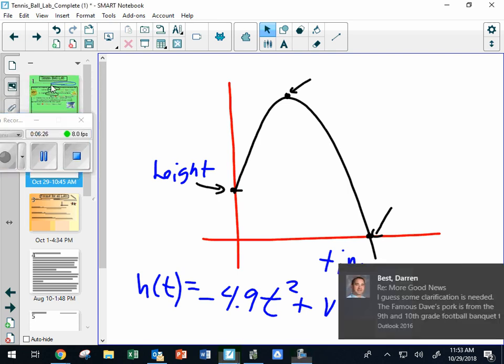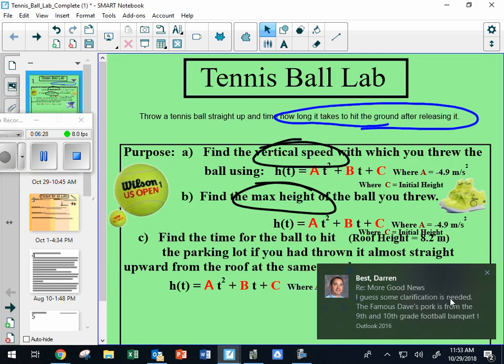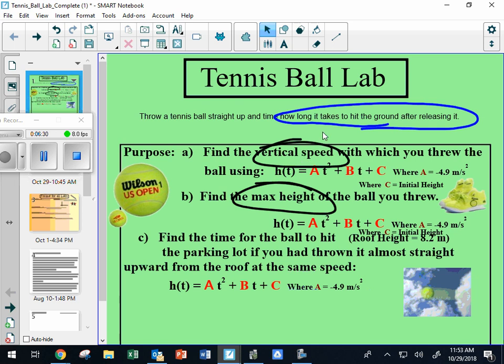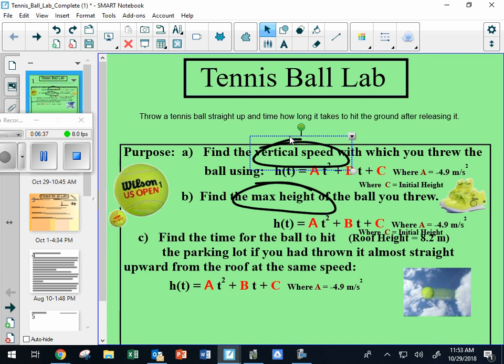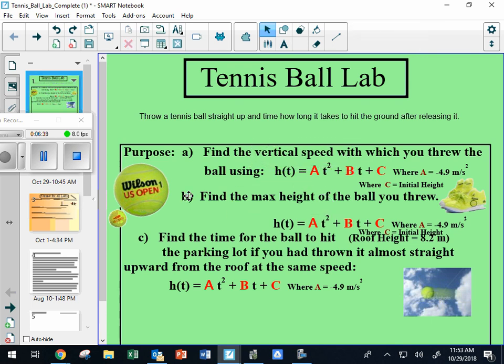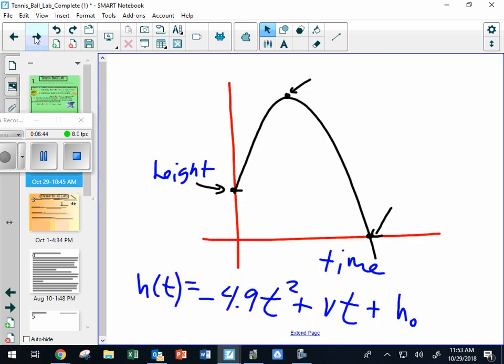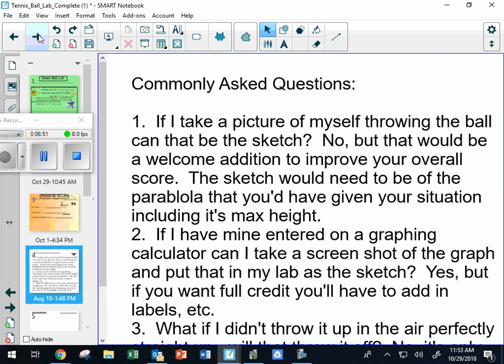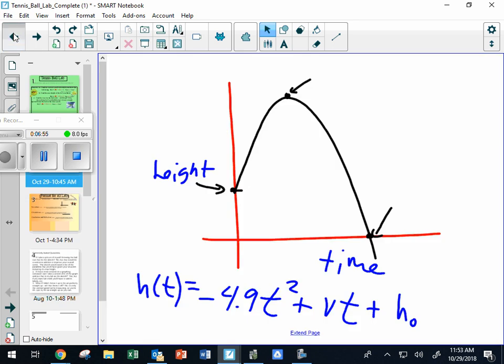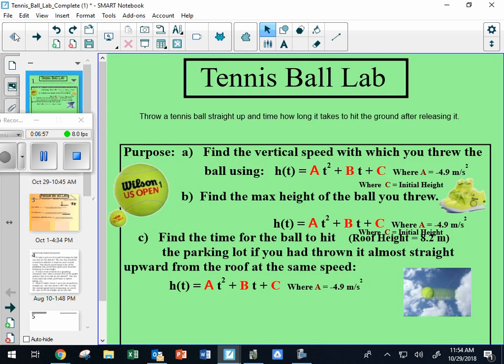Like, for instance, it's got this starting sheet here, where it tells you the questions you have to answer. And it's also got the format for all labs. It's also got commonly asked questions. All right, so back to this tennis ball lab page.